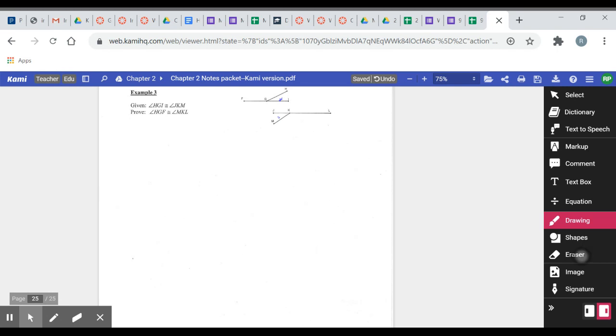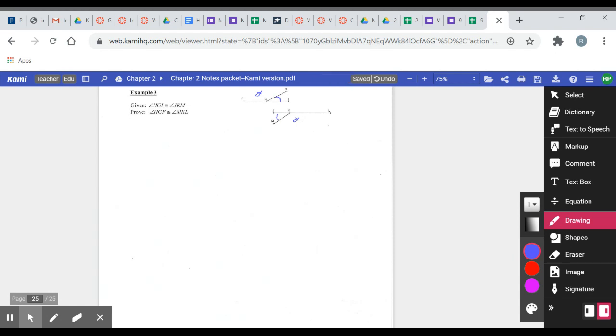I want to actually mark them congruent. Okay, so HGI is congruent to JKM. So those two angles are congruent. What we're trying to prove is that HGF is congruent to MKL. Okay, and at quick glance, it should make sense to you that those are congruent.